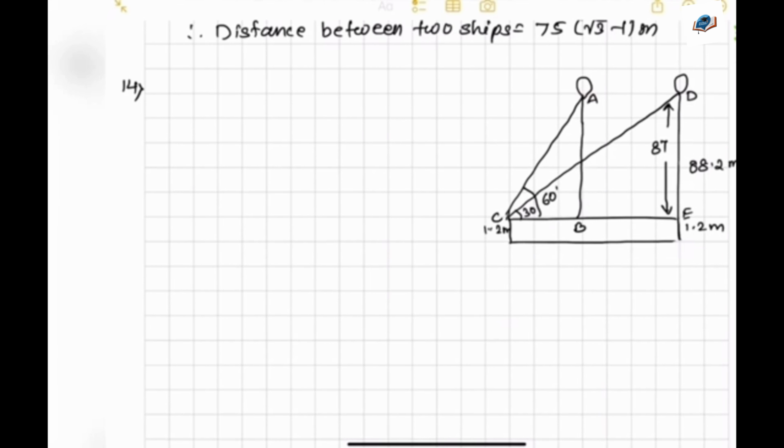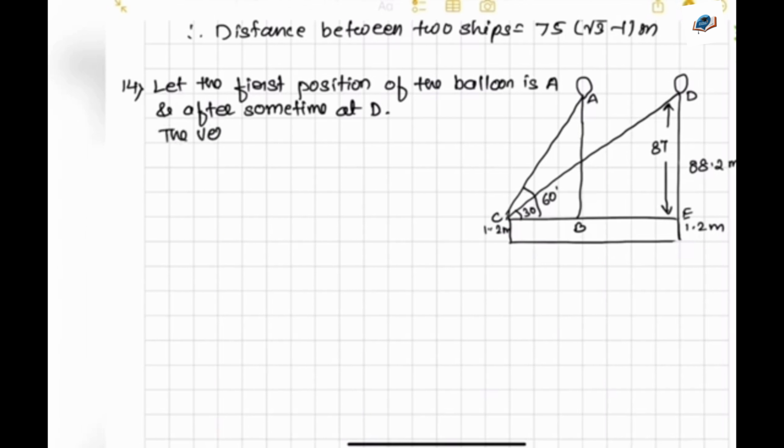So let us write, let the first position of the balloon is A, and after some time at D. The vertical height ED equal to AB, that is 88.2 minus 1.2, that is 87 meter.